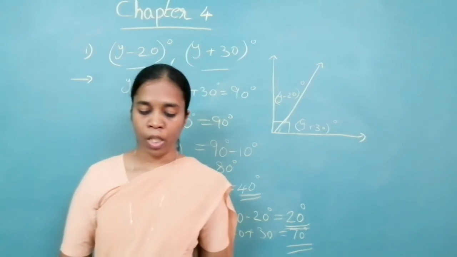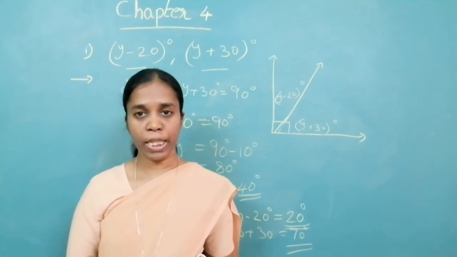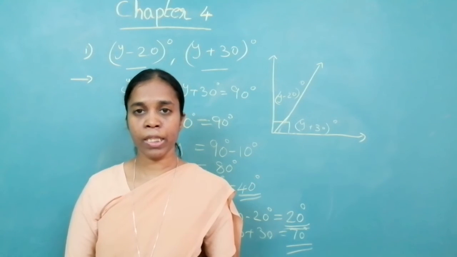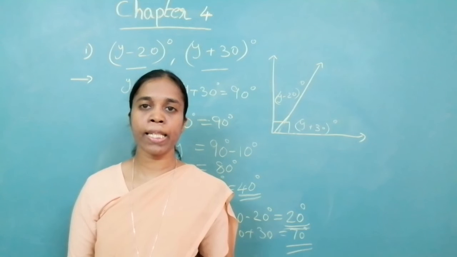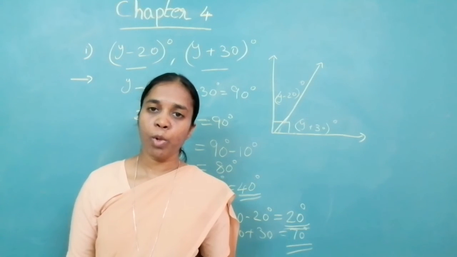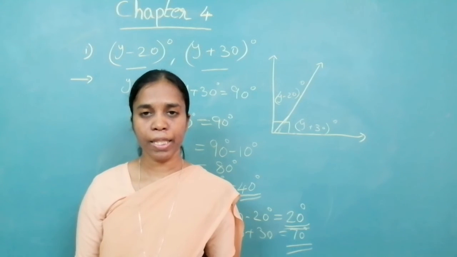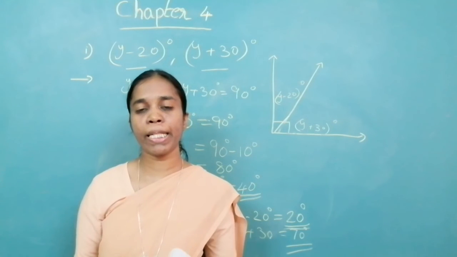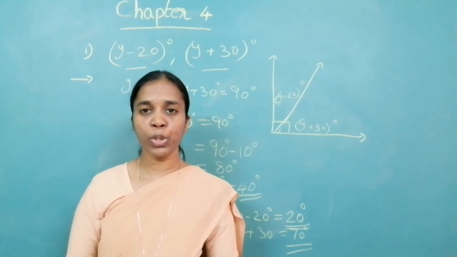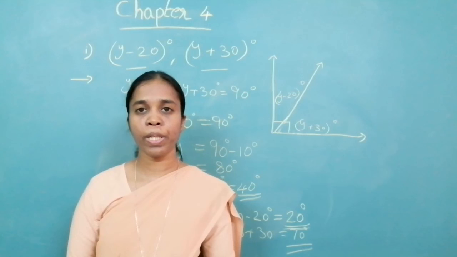Next point: if the sum of the two angles is 90 degree, then they are said to be complementary angles.